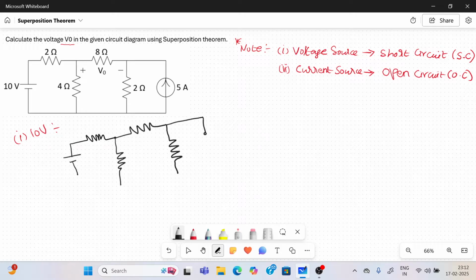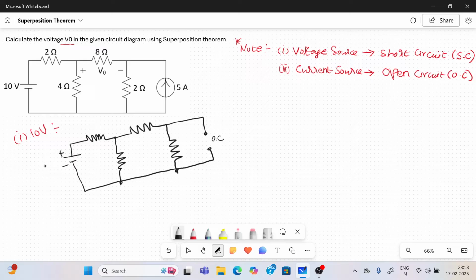Now this current source should be open circuited. The current source is removed by open circuit.